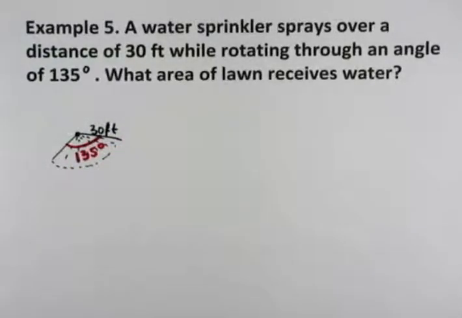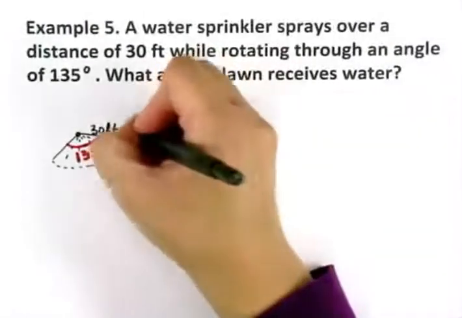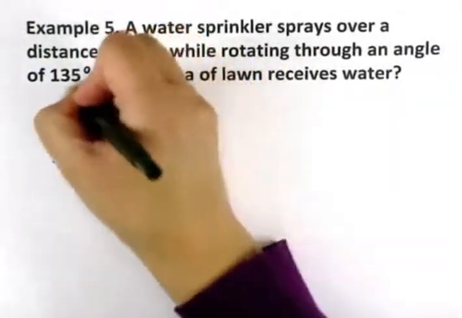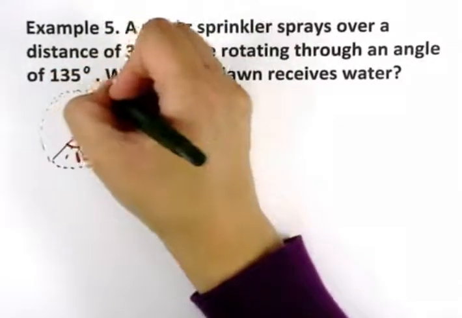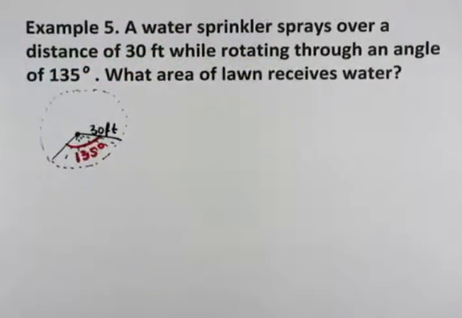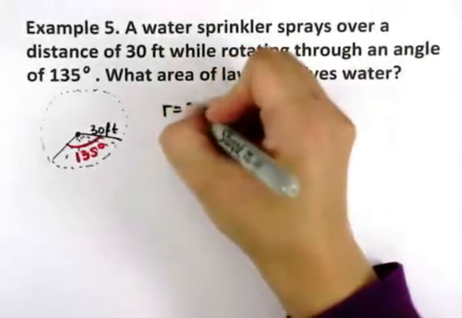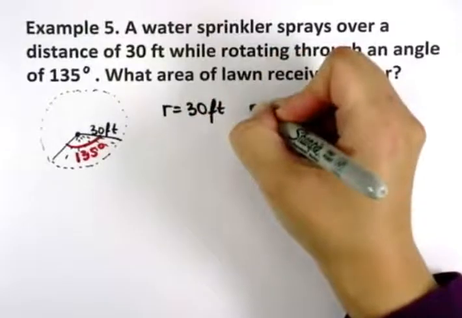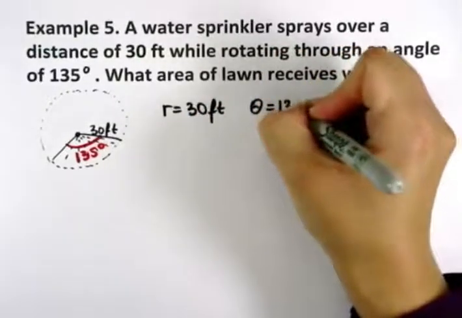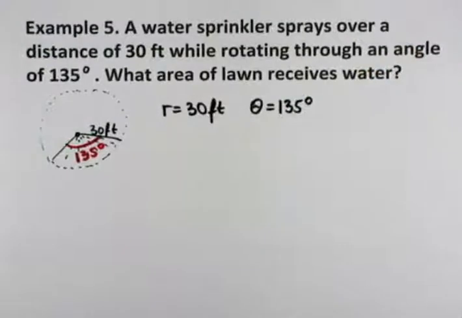If I consider that this is a part of my circle, I'm looking for the area of a sector of the circle. In order to use the formula for the area of a sector, I need to first change the degrees to radians.